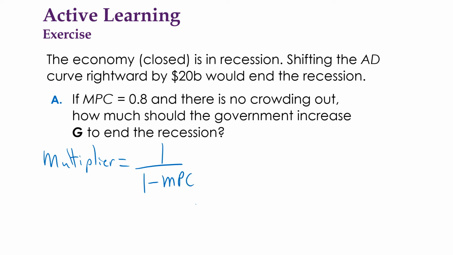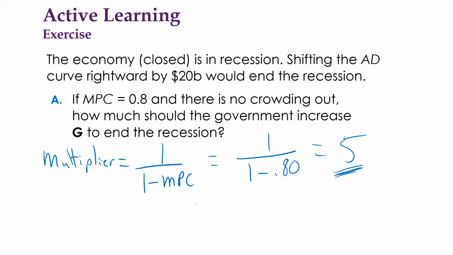Easy enough, right? And in this case, it's 1 divided by 1 minus 0.8. And if you do the math on that, that's going to be 5. So this is the multiplier, and we know we have to multiply some number to get $20 billion.